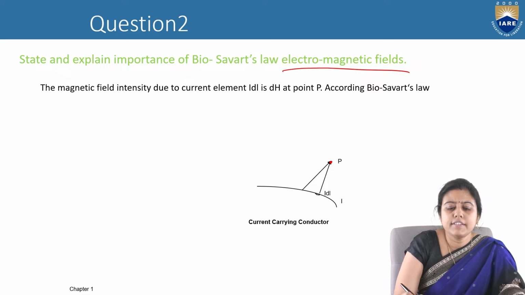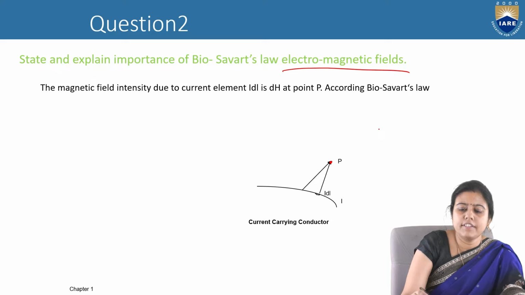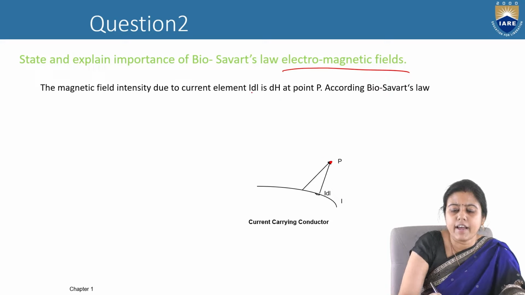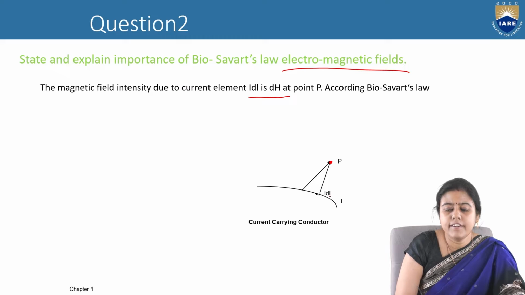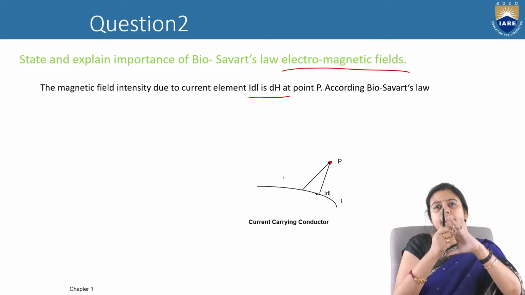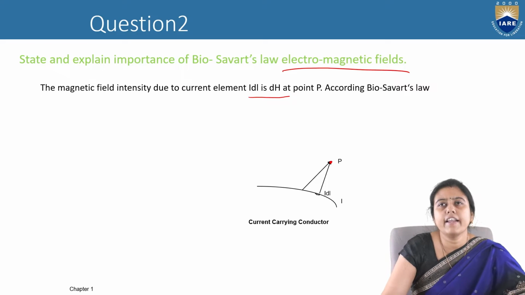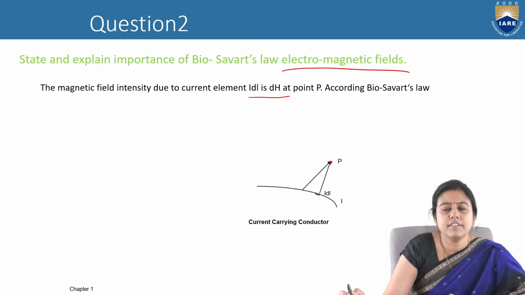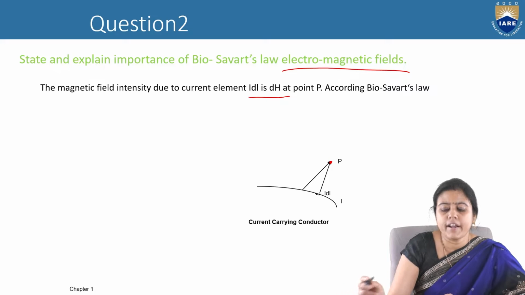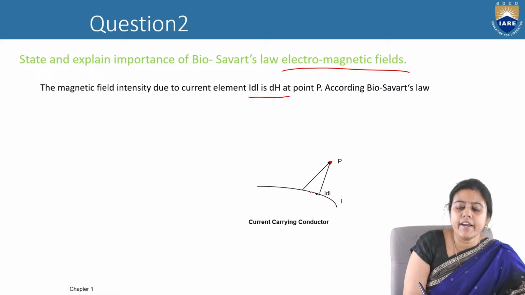So say this is the magnetic field intensity due to the current element IDL, which is DH. We are assuming that when current is flowing through a current carrying conductor, there is some magnetic property, and the magnetic field intensity of the current carrying conductor IDL is DH at the point P. This is our DH.